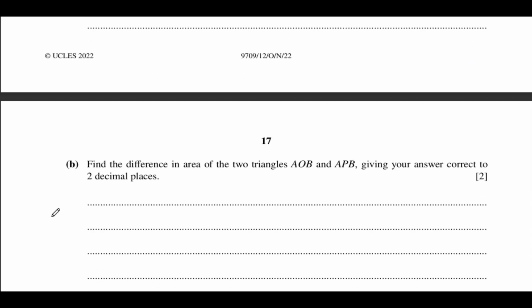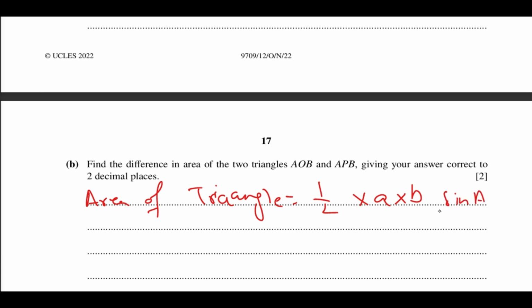Now the second part is: find the difference in area of the two triangles AOB and APB, giving the answer correct to two decimal places. As we all know, area of a triangle is always equal to 1 over 2 multiplied by a multiplied by b multiplied by sine of the angle.